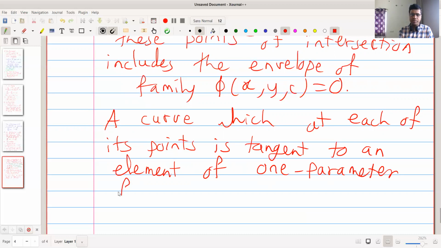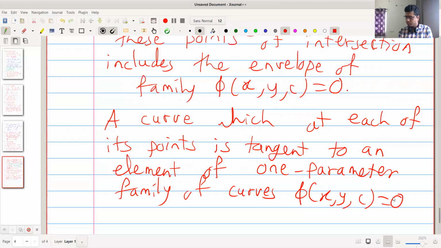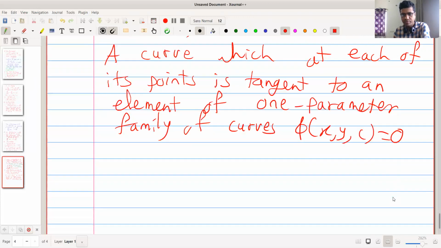What is meant by a one parameter family? The family which contains one parameter. For example, here it is phi of x, y, c equal to 0. c is the parameter.